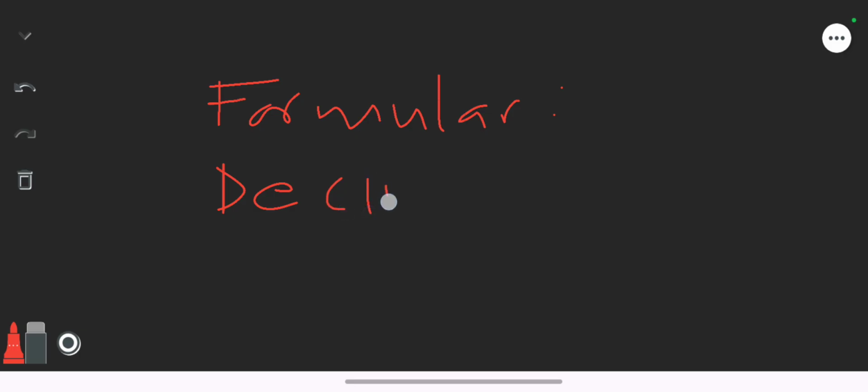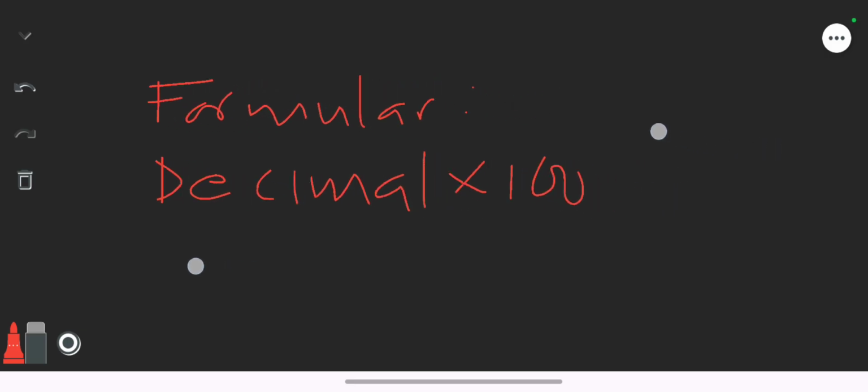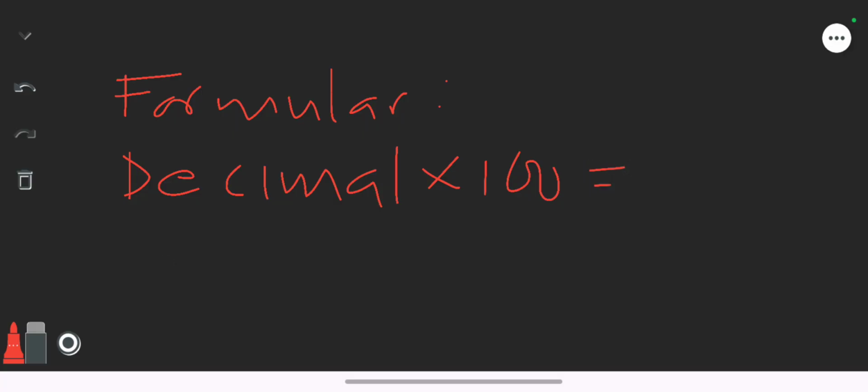To convert a decimal to a percentage, there is a very simple rule that you have to follow: decimal multiplied by 100 is equal to a percentage.